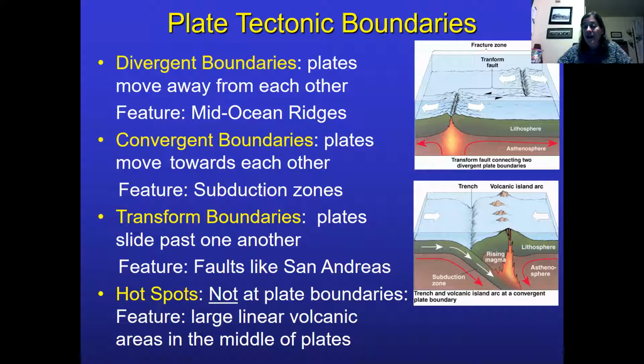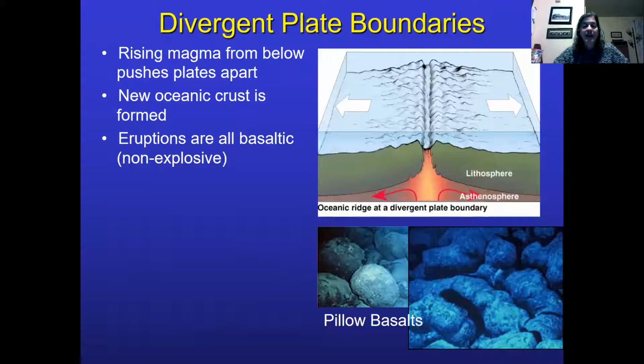Hawaii is a hotspot, Iceland is a hotspot, Yellowstone is a hotspot. They're right in the middle of plates, and how we think they're formed is a little bit different than regular convection and plate tectonics. So we're going to step through these one by one.